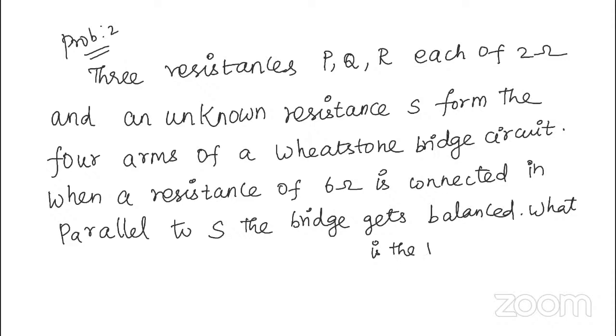Okay, so look here, the 3 resistances P, Q, R are each 2 ohms. So the values of P, Q and R are all given as 2 ohms. Then the unknown resistance we take as the S value.